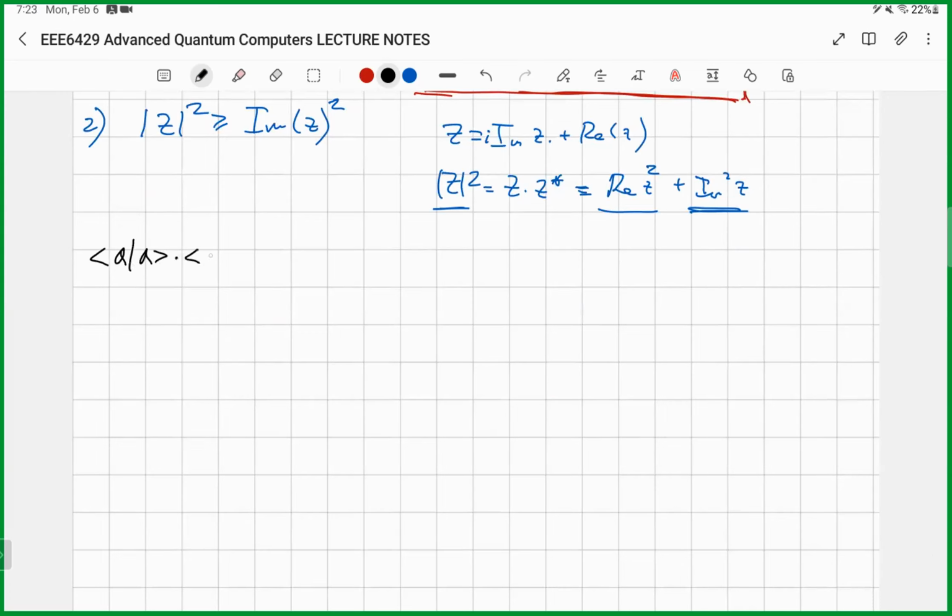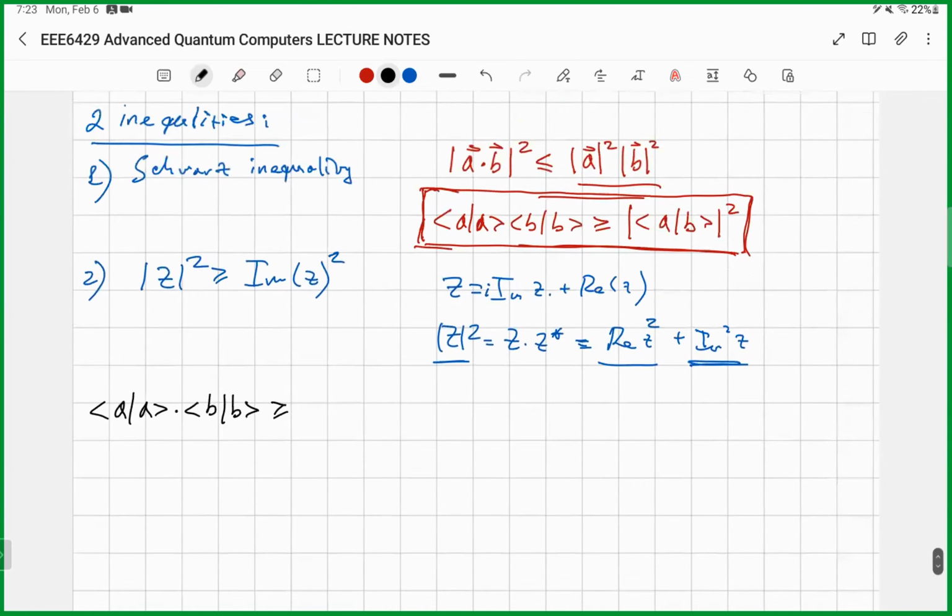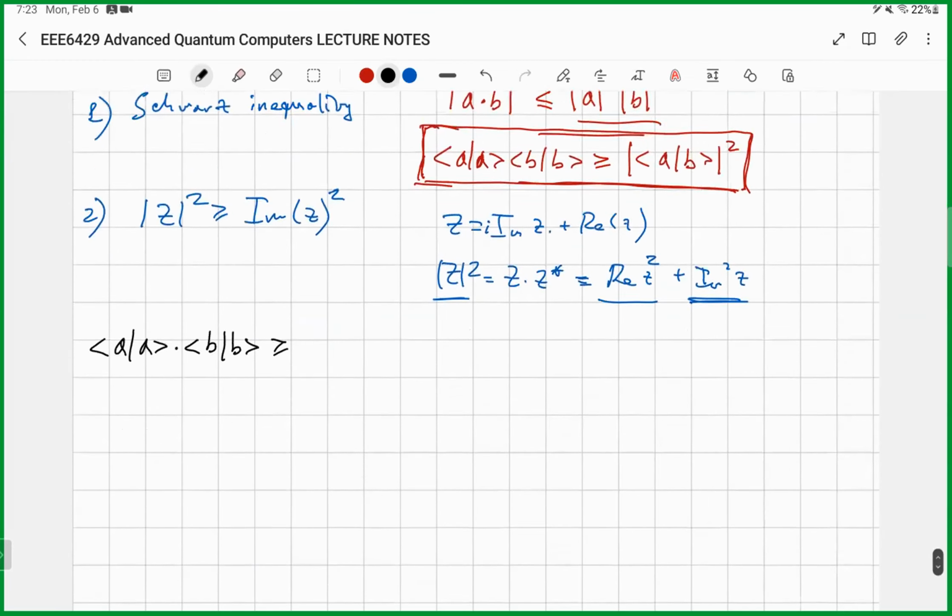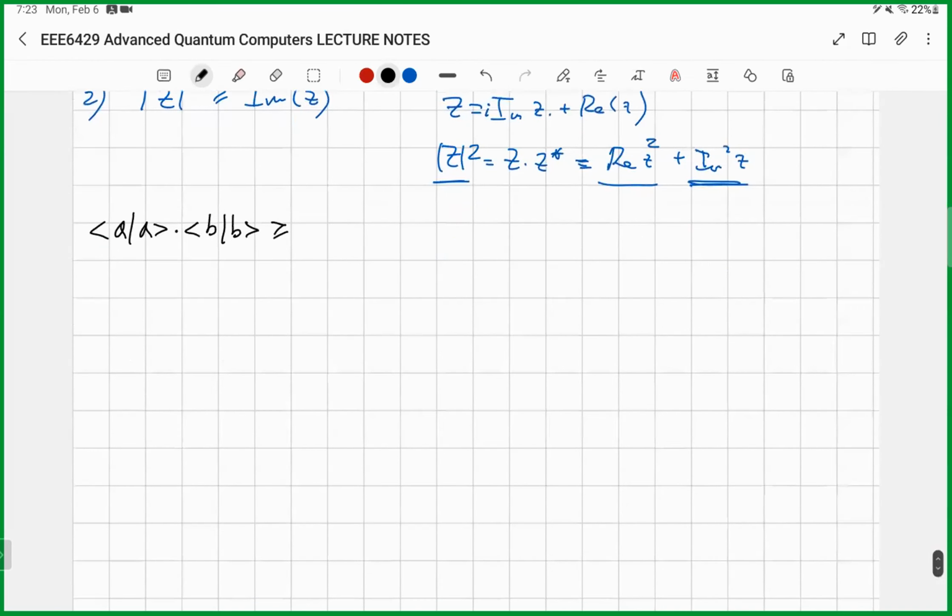Now I take the product of this with B. And according to this first Schwarz inequality, it must be larger than the absolute value of the product A times B, right?